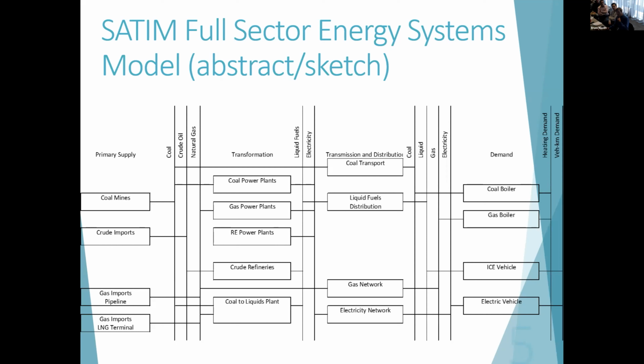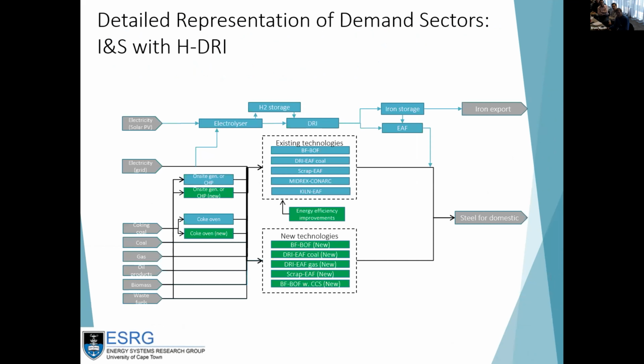And then from there you have competition happening on the demand side between different technologies, which also allows you to take into account the existing stock of technologies and how that existing stock will retire over time, and then giving space for your new technologies to come in.